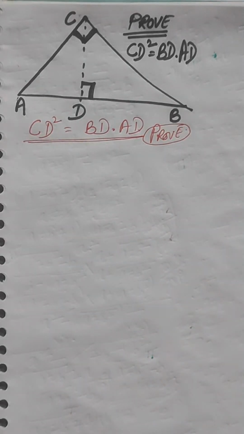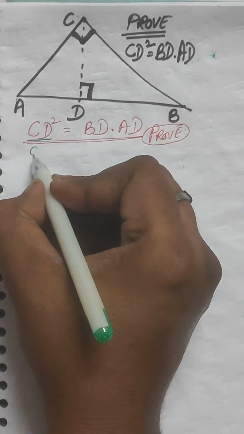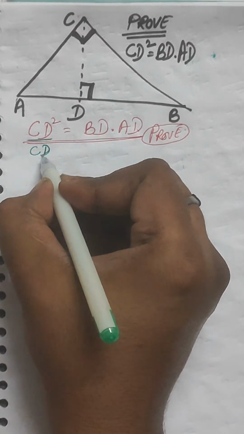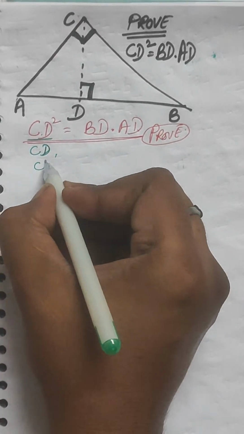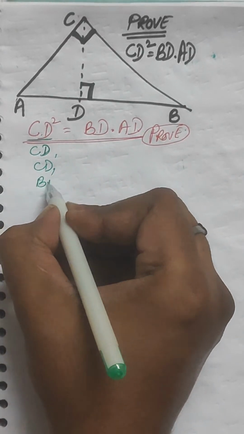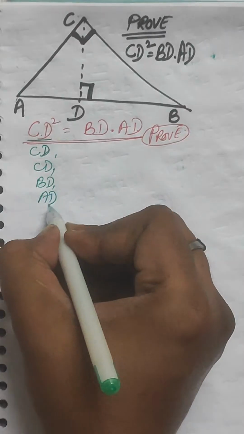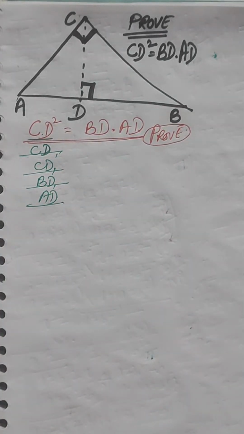So here you can see CD is coming 2 times, after that BD, and after that AD. So these are the sides coming in front of us.